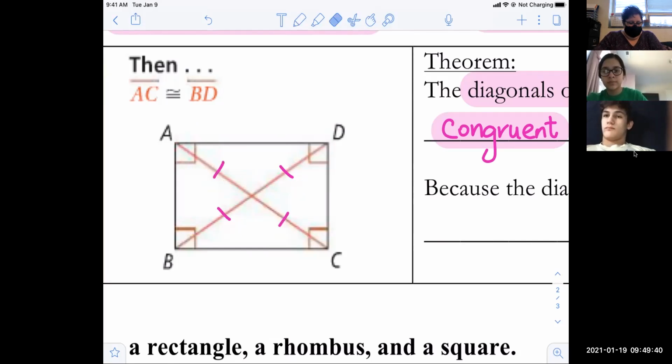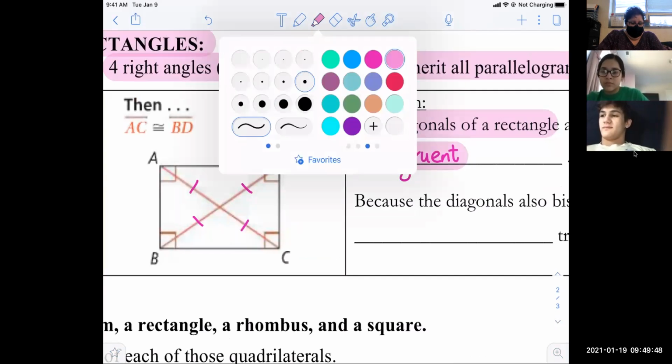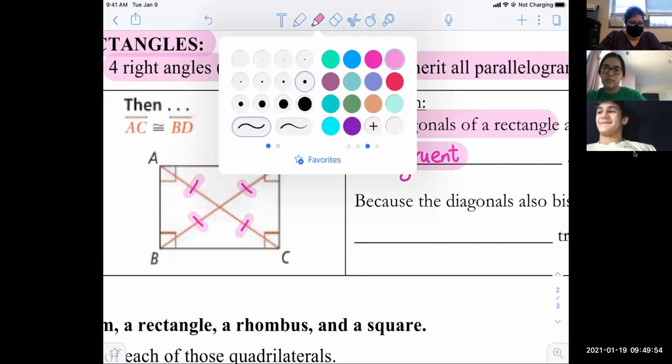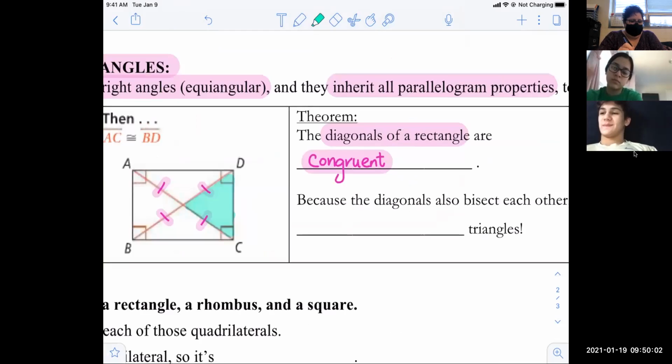So that's special about a rectangle, right? Not just that the diagonals are congruent, but since they also bisect each other, that's going to make all four of those the same. And that means these little triangles are what? That little triangle there is what kind of triangle? Isosceles.